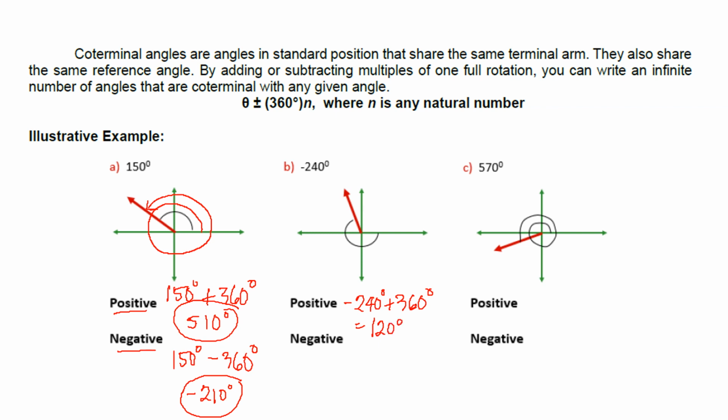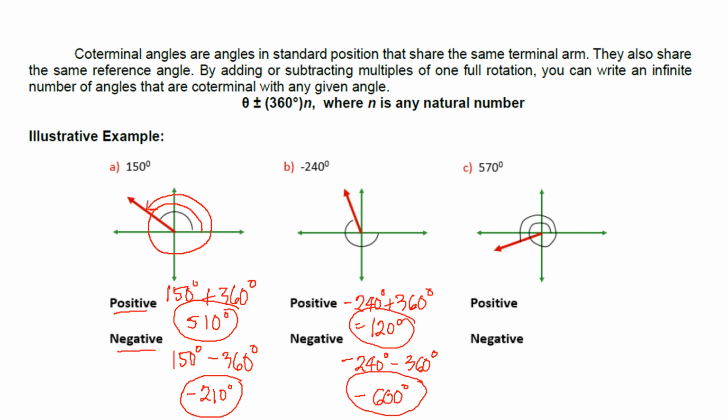That is for our positive. Now, for our negative, negative 240 degrees minus 360 degrees is negative 600 degrees. So that is one positive and one negative.